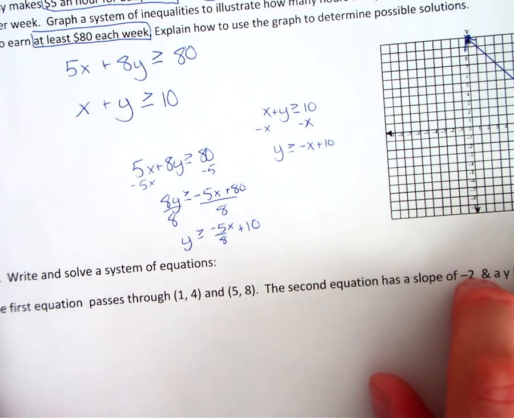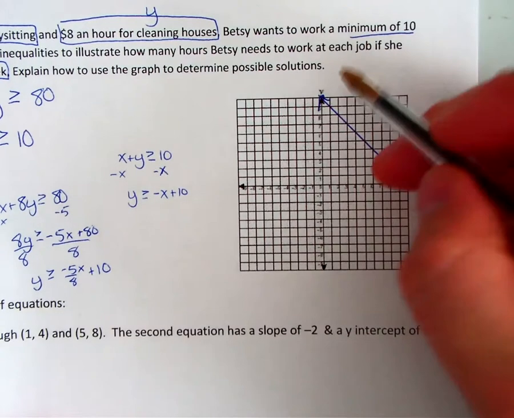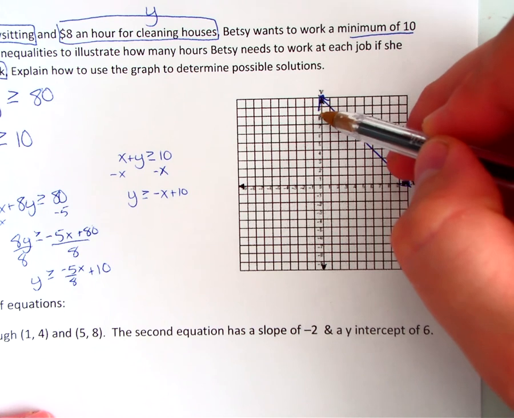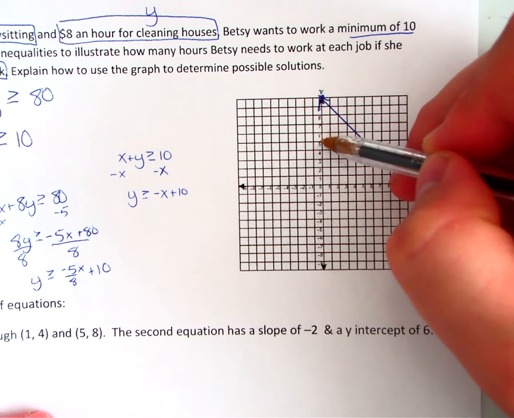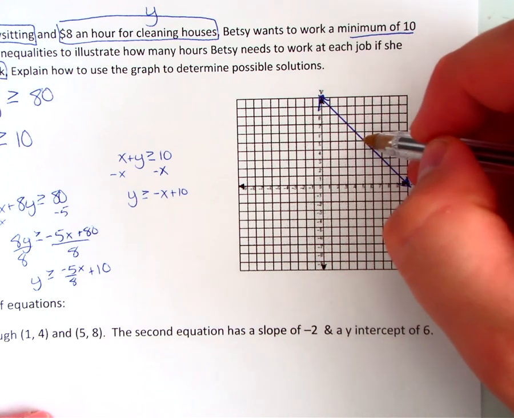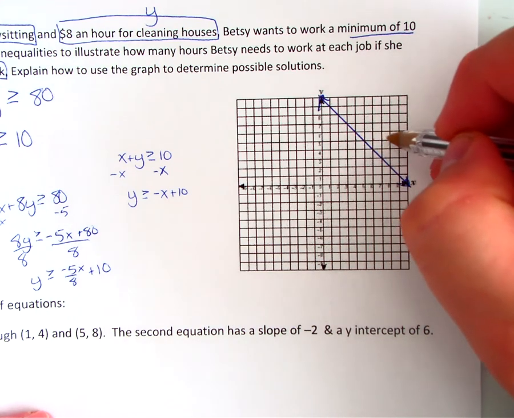All right, so we have the same y-intercept, we just have a different slope. We come down 1, 2, 3, 4, 5, over 1, 2, 3, 4, 5, 6, 7, 8.